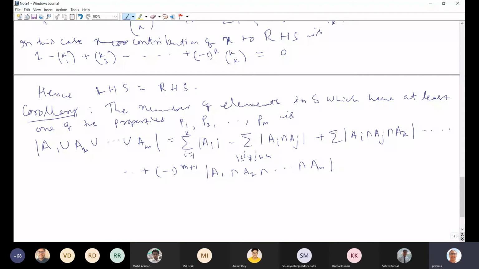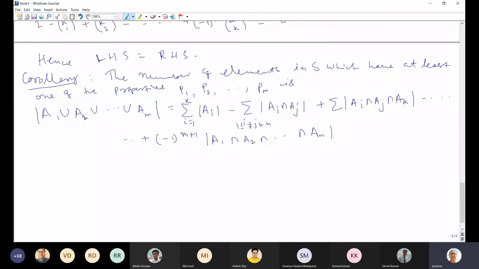You use this quite often for two sets, when m is equal to 2, and up to 3 also, you know that. In general we can have it like this. In some books people refer to this corollary as the principle of inclusion and exclusion, but we shall refer to the theorem that I have given as the principle of inclusion and exclusion.